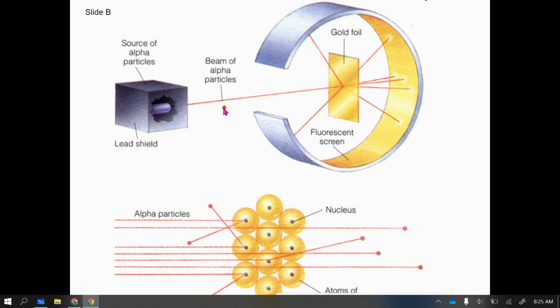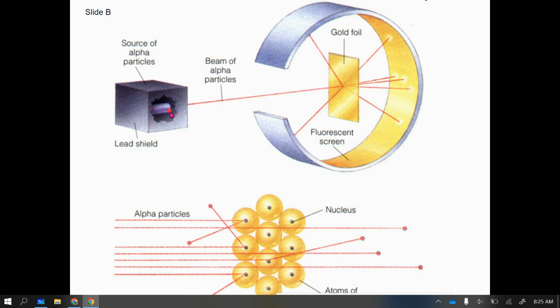So he went ahead and set up this experiment. And basically, what we're seeing is the gold foil was hung here in the middle of the experimental setup, and then there was this ring all around it with the fluorescent screen. And so if any of the alpha particles hit the fluorescent screen, it would glow a little bit.